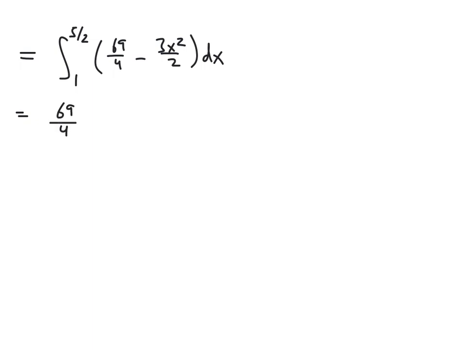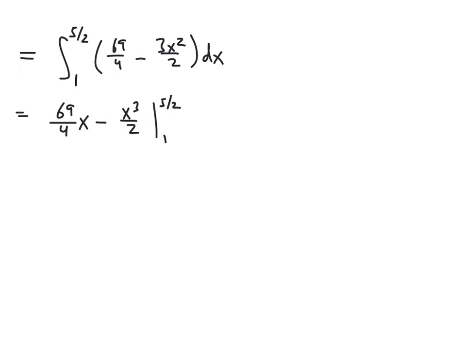So when you clean all of that up and you do the addition and subtraction, we end up with the integral from 1 to 5/2 of the function 69/4 minus 3x squared over 2 dx. Right? And now this is a straightforward single variable calculus integral. So we need to find an antiderivative in terms of x. So 69/4 x minus x cubed over 2.